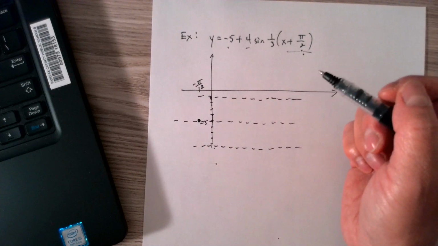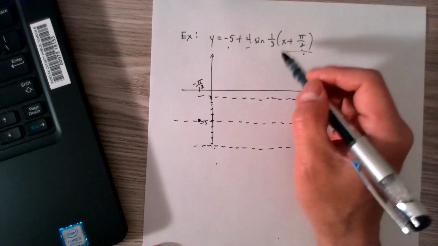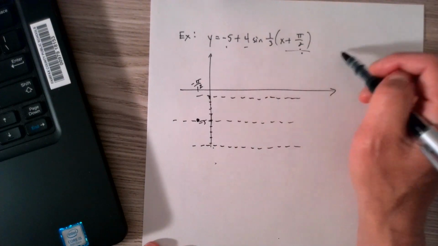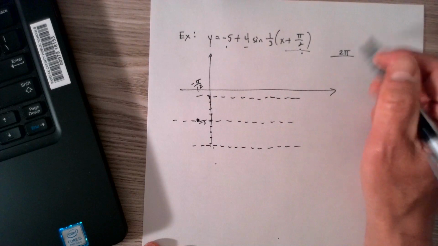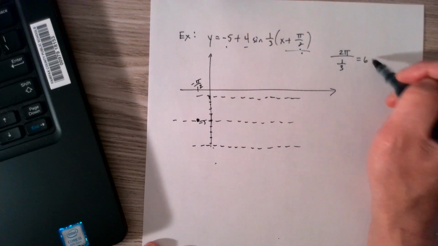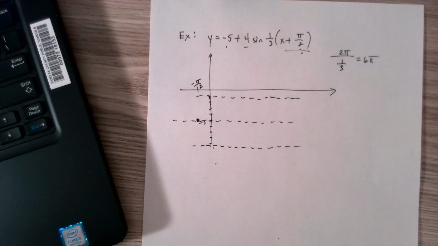Okay, and then now I need the period. So I grab the 1/3, and since I'm in radians, I'm going to do 2 pi instead of 360. Okay, so my period is 6 pi.